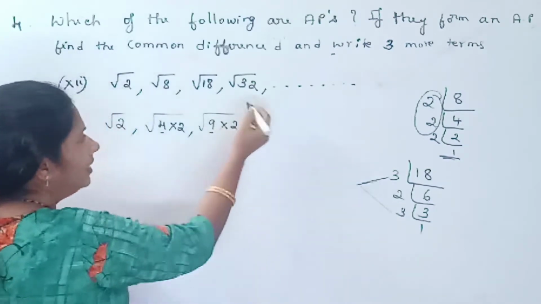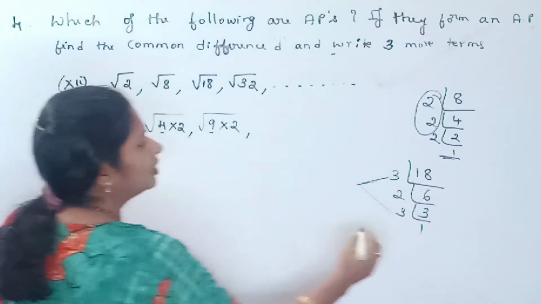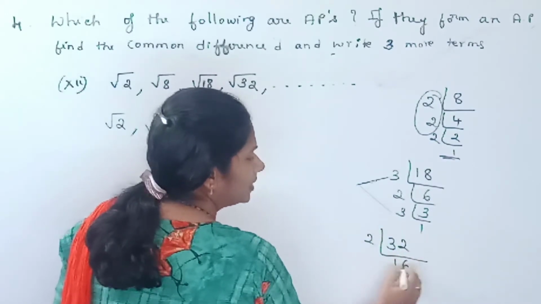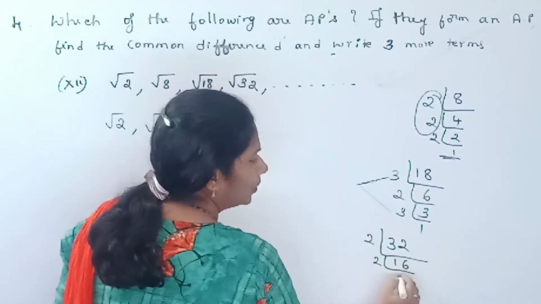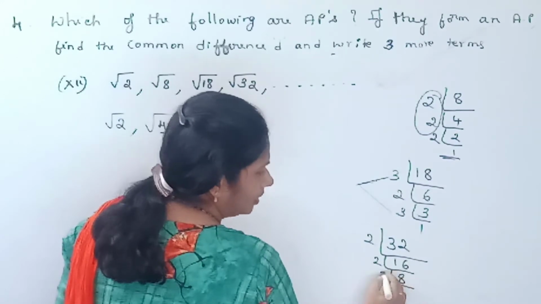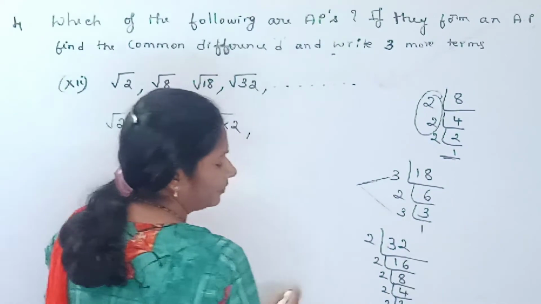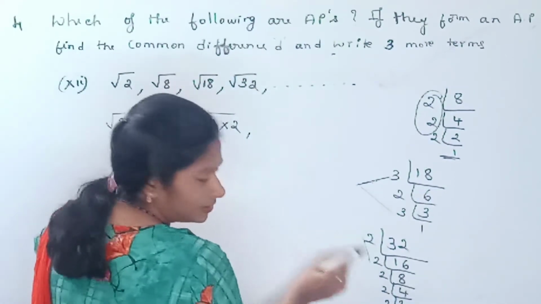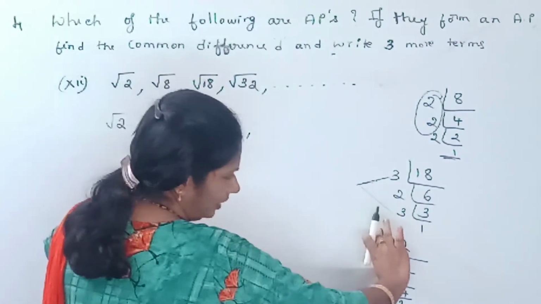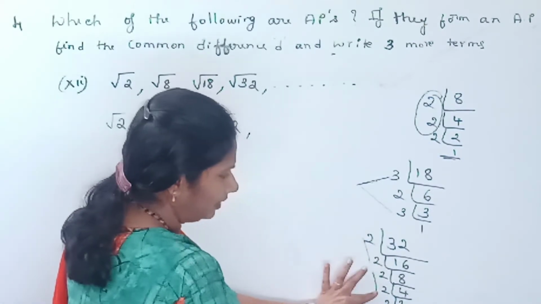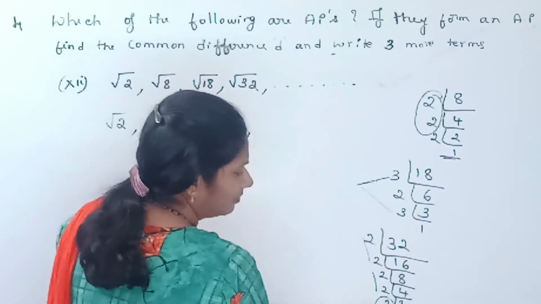Is it clear? Next 32, how can I write? Again do the prime factorization method. 2 16s are 32, 2 8s are 16, 2 4s are 8, 2 2s are 4, 2 1s are 2. So here you see these 2s make one group, and again these 2s make one group. Now this number is left out.